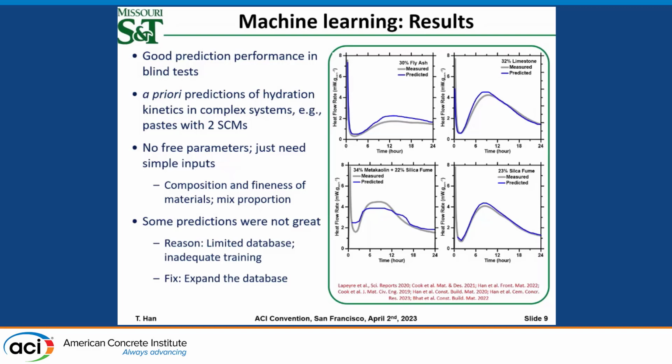This is because the input-output correlations at the hydration peak, and also for the ternary systems, are complex. We don't have enough data to train the model, so the model cannot sufficiently learn those complex input-output correlations.